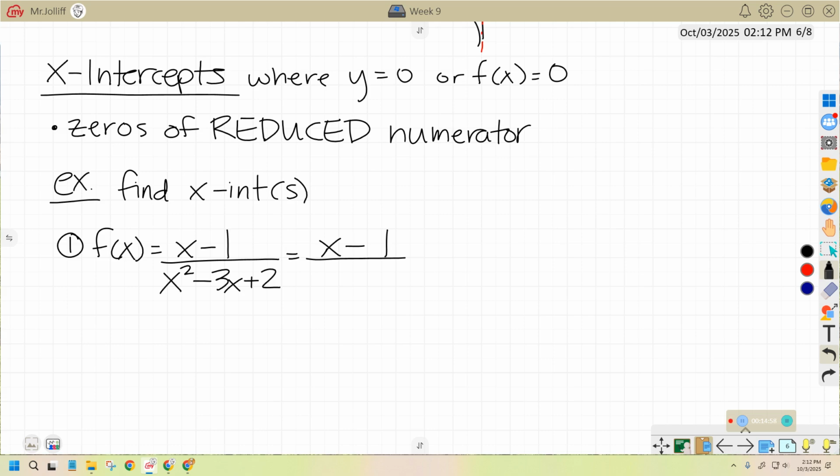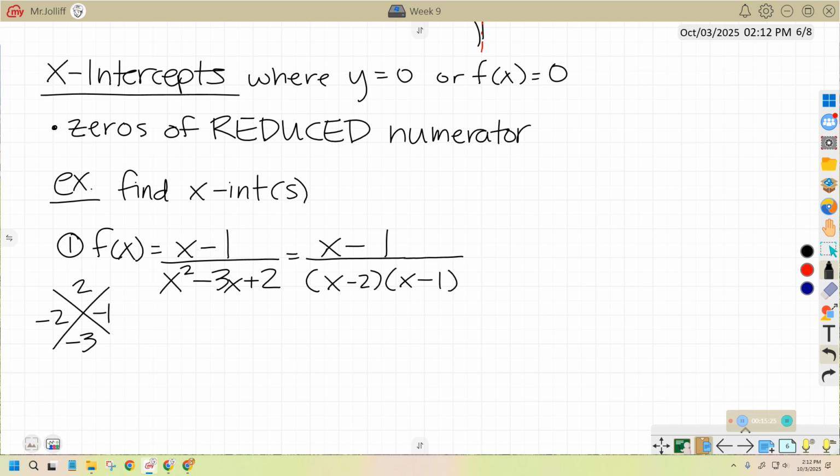Very good, Brandy. Play the x game with the denominator. Factors of positive 2 that add to negative 3. What would those be? Very good, Aubrey. Negative 2, negative 1. Those multiply to positive 2, add to negative 3. So x minus 2, x minus 1.